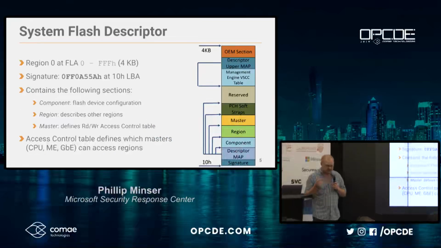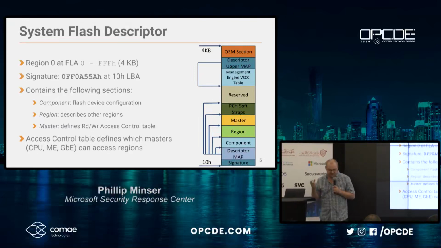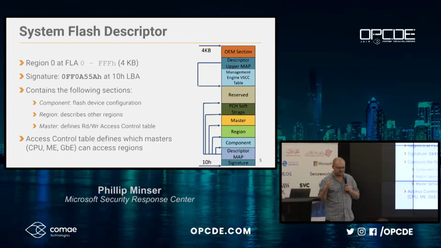The SPI descriptor, another name is flash descriptor, is stored in the region with index 0, so the first region. It's 4 kilobytes, and this 4 kilobytes has a specific format and specific things inside it. First, it defines the layout of all of the other regions.